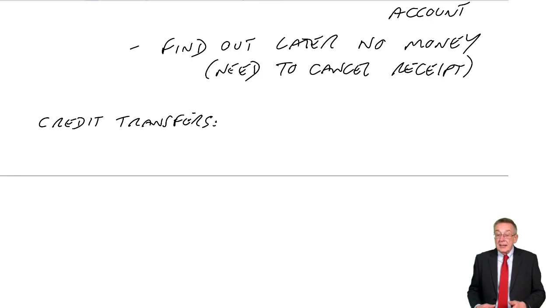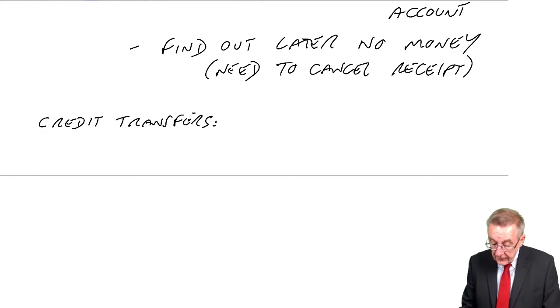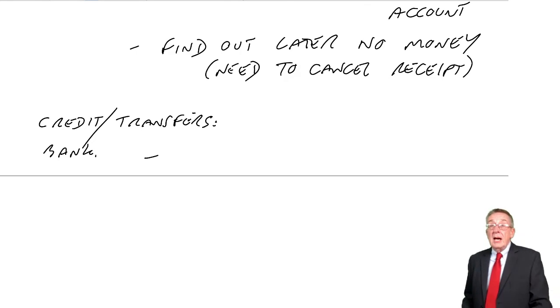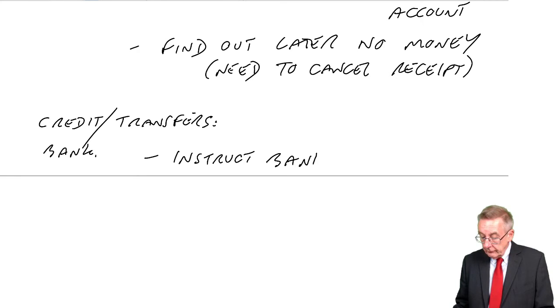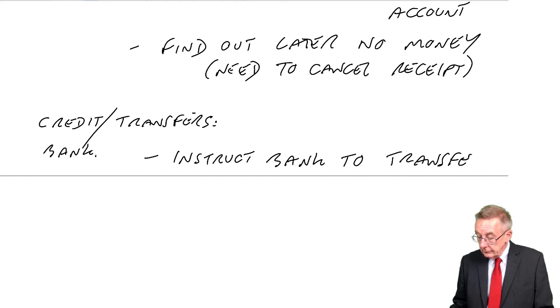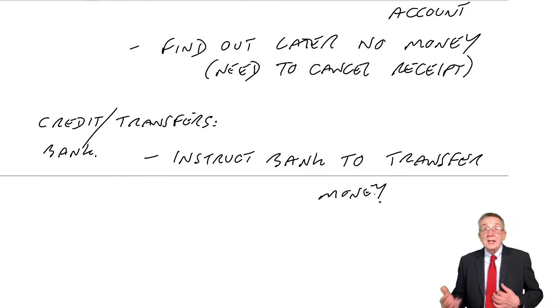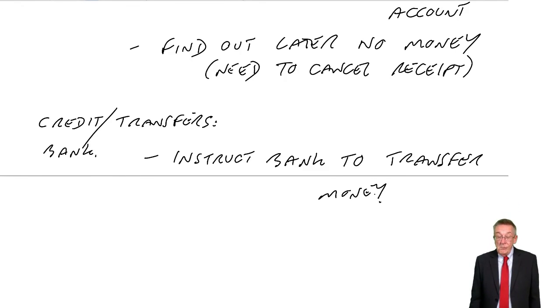Well, we call that a credit or a bank transfer. It's simply instructing the bank to transfer money. So you're not using a cheque. These days, you're doing it over the internet.